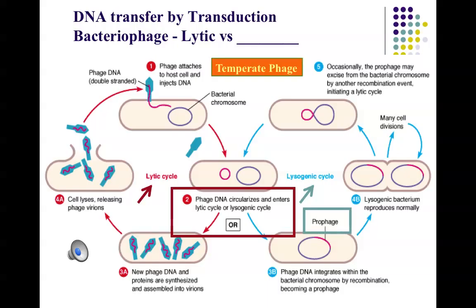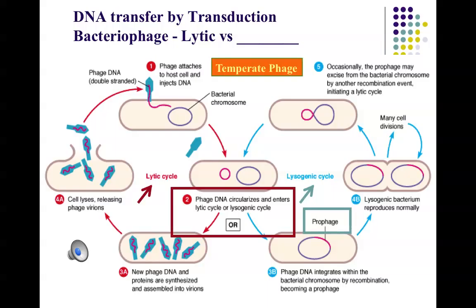When we get to that middle step again, step number 2 in the center of the image, we'll find that, again randomly, based on various physical or chemical activators or cues, this viral DNA can either enter back into the lytic cycle or go back into the formation of a prophage for the lysogenic cycle.